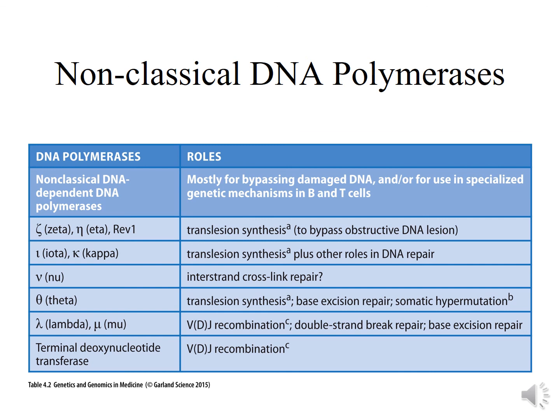Thus, as a result, replication forks remain active, but at the expense of inducing mutagenesis. The other non-classical DNA polymerases, lambda, mu, and terminal deoxynucleotidyl transferase, are involved in immunoglobulin formation, as well as double-strand break repair and base excision repair.